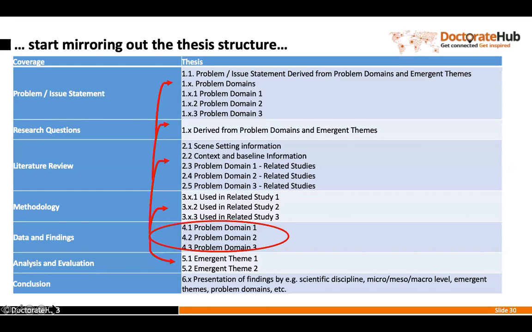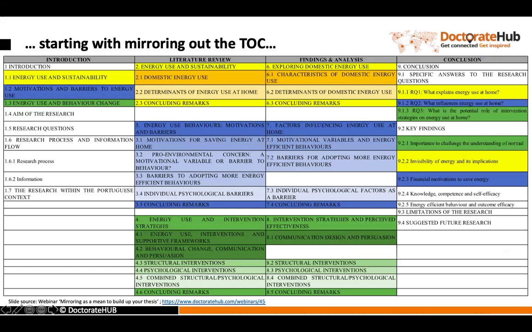And from there, they allow you to further reframe the research questions or the issue statement. So it's a good entry point to keep your research focused and going, and it allows you to assure the work is getting structured and to gradually mirror out the table of content on how the different pieces of information add up.